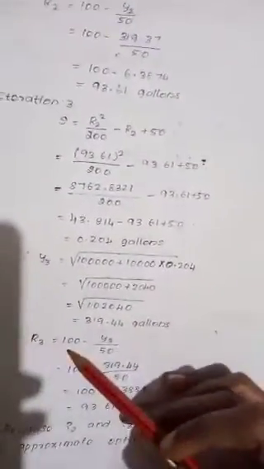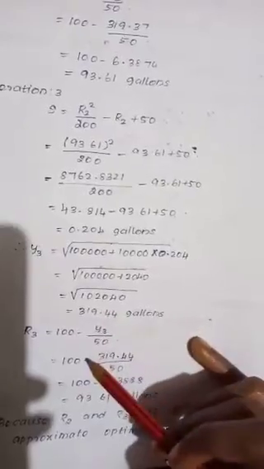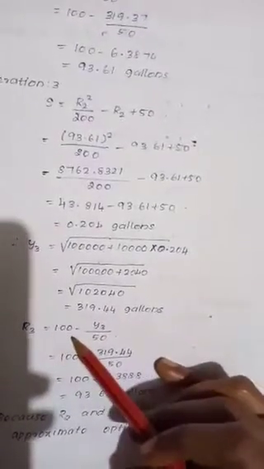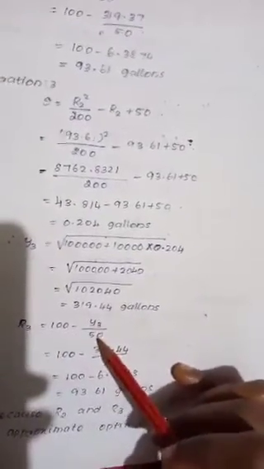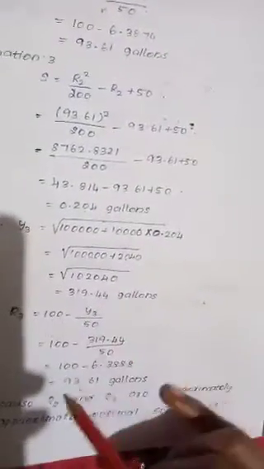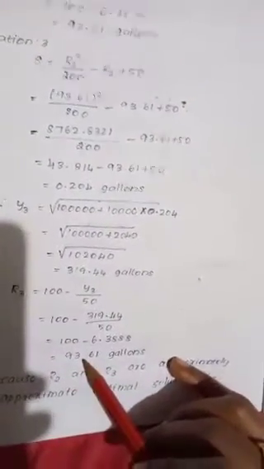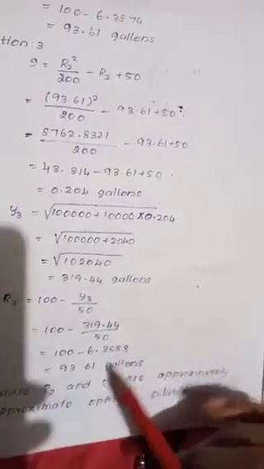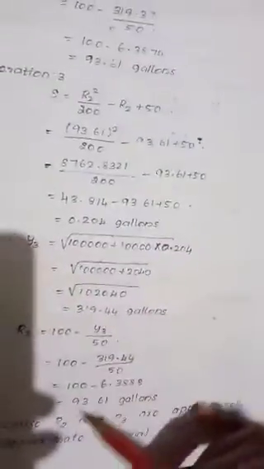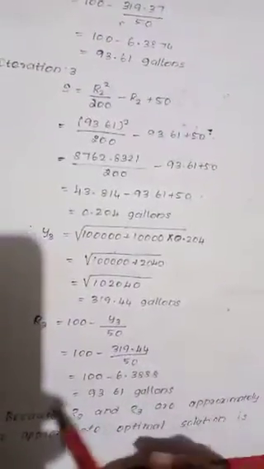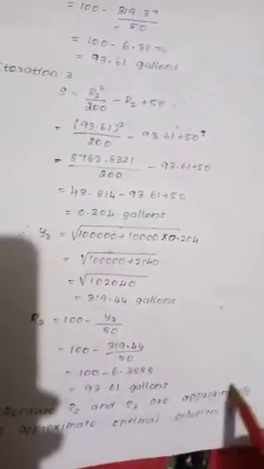Next, r3: substituting the value of y3, we find r3. r3 is equal to 100 minus y3 by 50. Substituting the value of y3, r3 is equal to 93.61 gallons. Similarly, r3 and r2 are equal. So we stop here, because r2 and r3 are approximately equal.